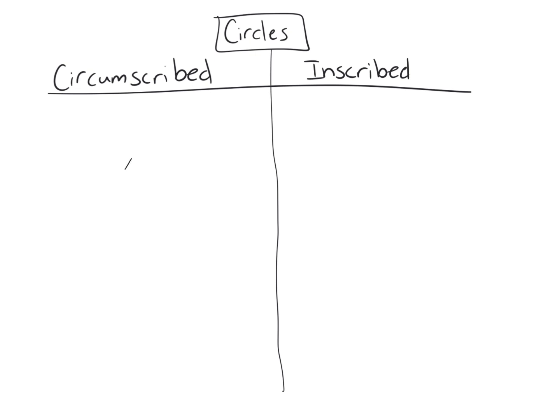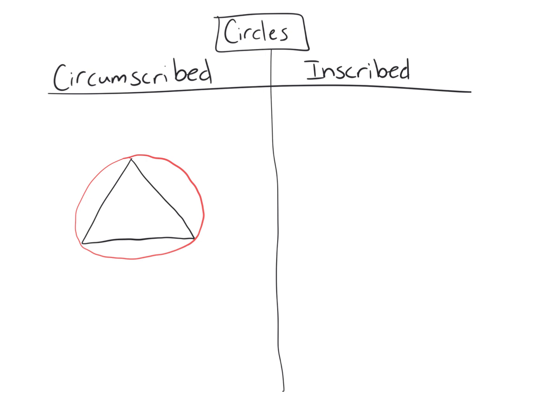So I want you to draw a triangle on that circumscribed side. Circumscribed circles are circles that enclose a triangle. It's a terrible drawing, but it's a circle that encloses a triangle on the inside. Okay, that is a circumscribed circle.